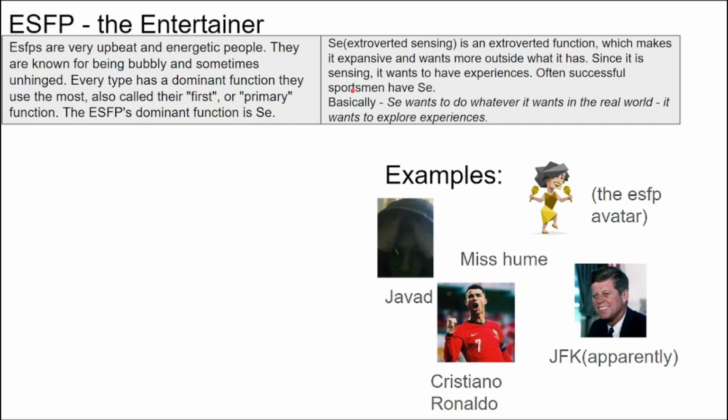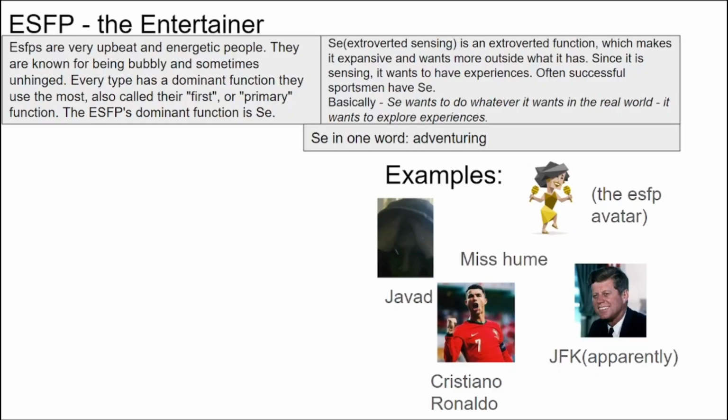Often successful sportsmen have Se, which is why Cristiano Ronaldo is here. So Se wants to do what it wants in the real world. It wants to explore experiences that are happening. So they're usually pretty sporty, energetic, that kind of thing.